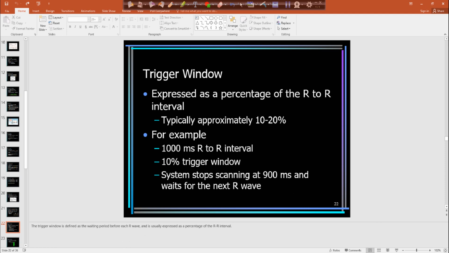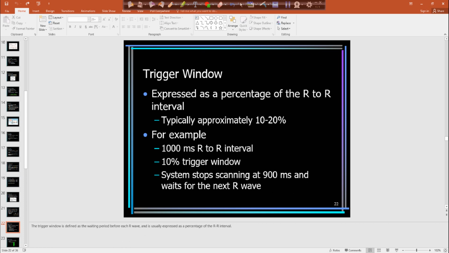Most patients, remember, we're doing these cardiac exams because they have an issue with their hearts. So we need to compensate for the QRS complex not being exactly where we think it is each time. With this trigger window, we usually give ourselves about 10 to 20%, depending on the patient.